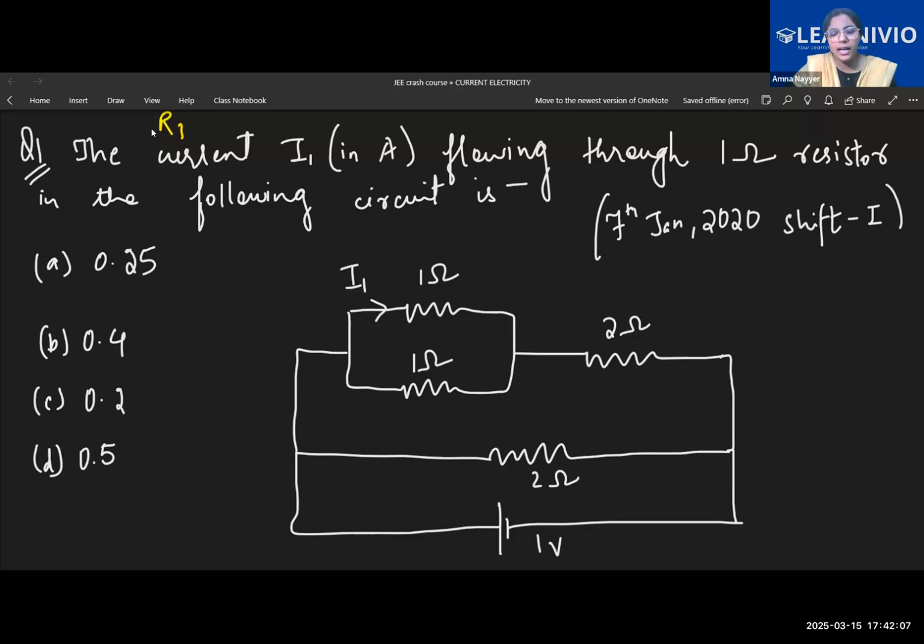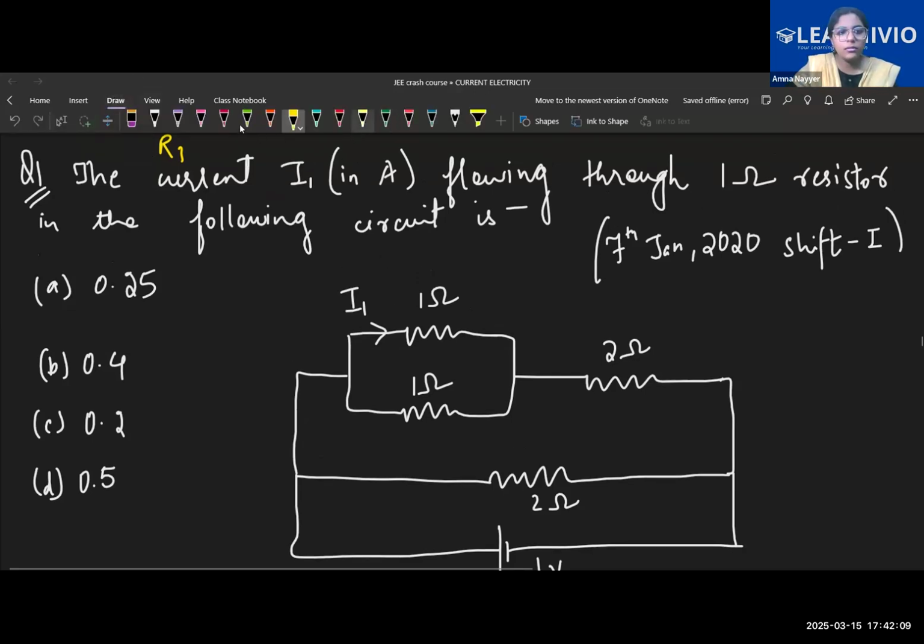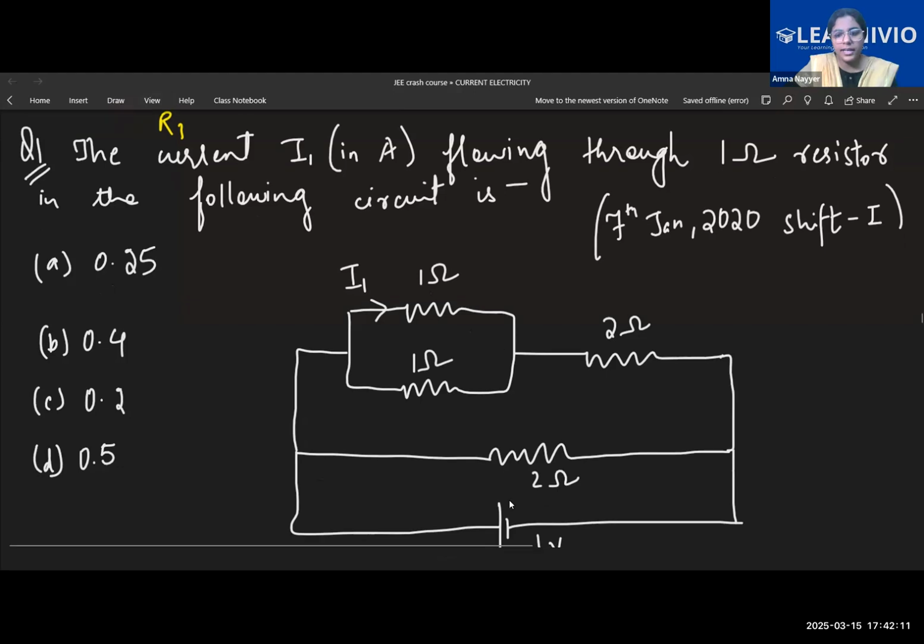Okay, see, how will we proceed here. If the voltage is 1 volt, and this entire big wire and this wire, both of these wires are connected in parallel, means across this also it will be 1 volt, and across this entire wire also it will be 1 volt, right?